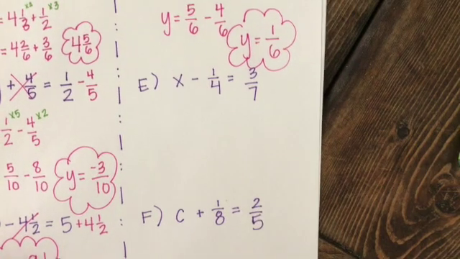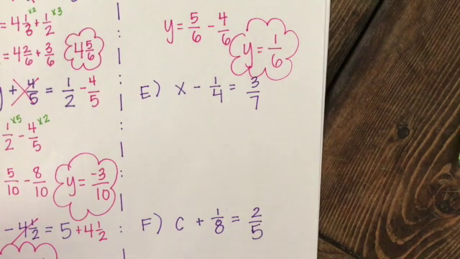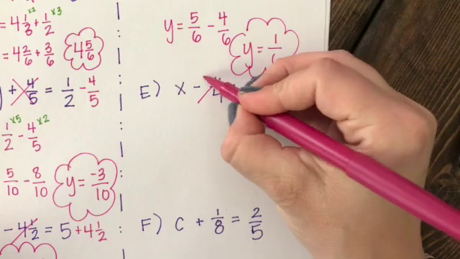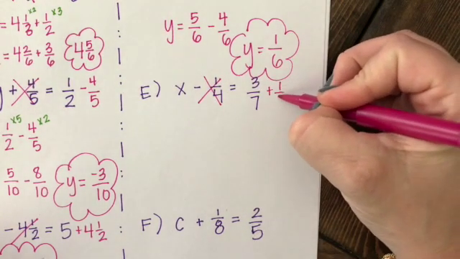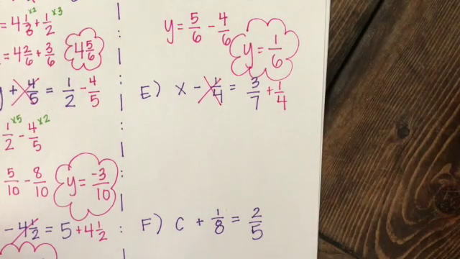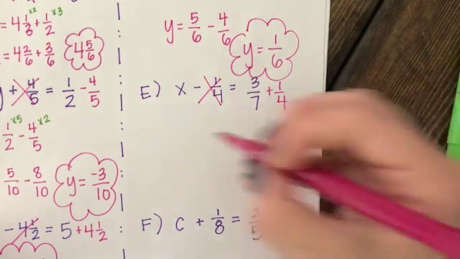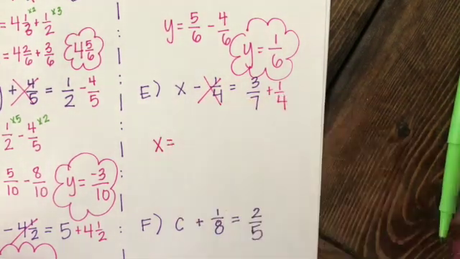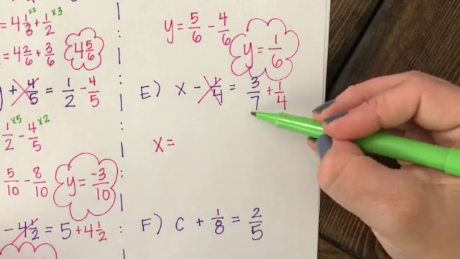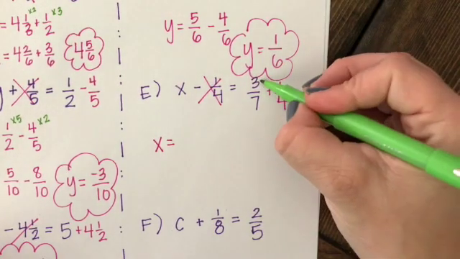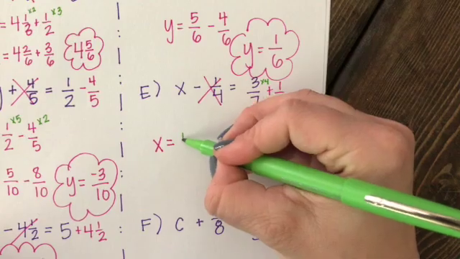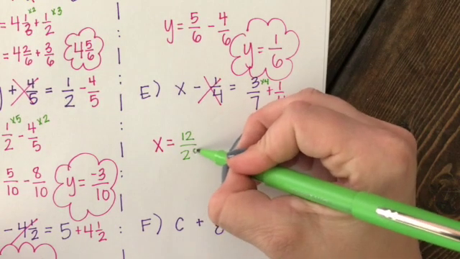Okay, letter E. So the opposite of subtracting 1/4 is adding 1/4. And then what would be a common denominator between 7 and 4? It would be 28. So I would multiply this fraction by 4, right, times 4. So I would get 12/28.